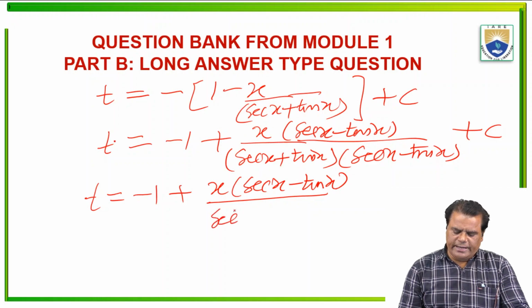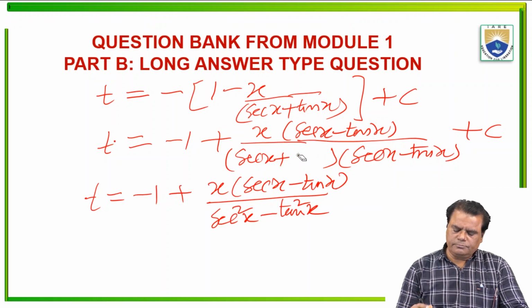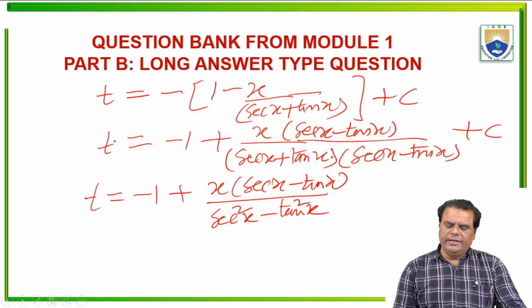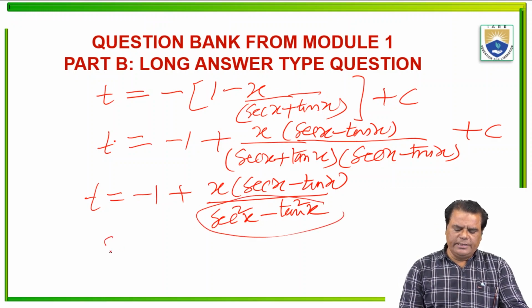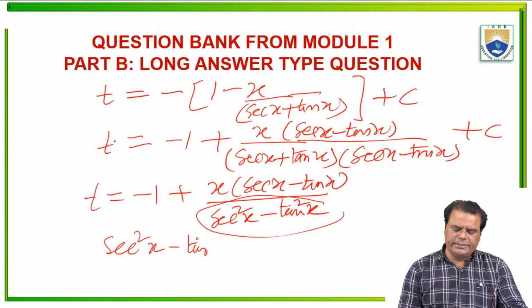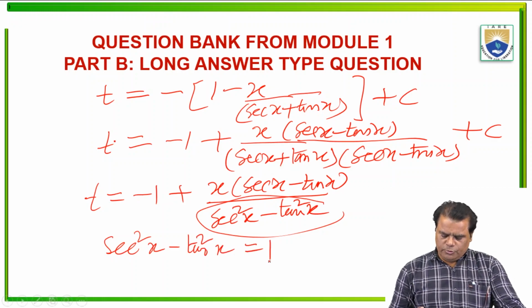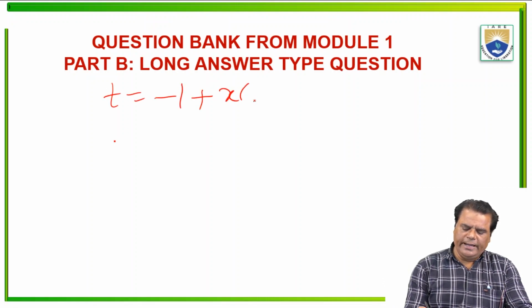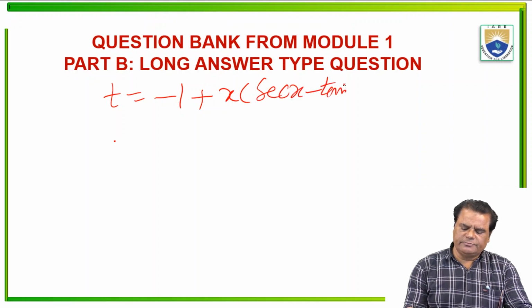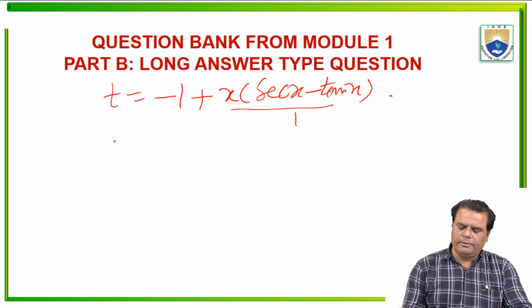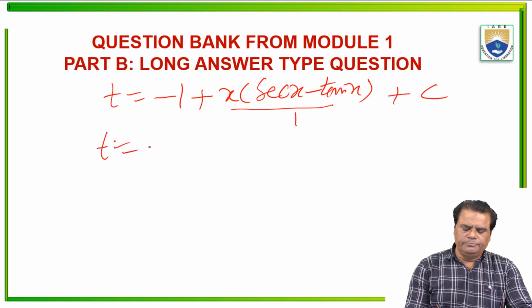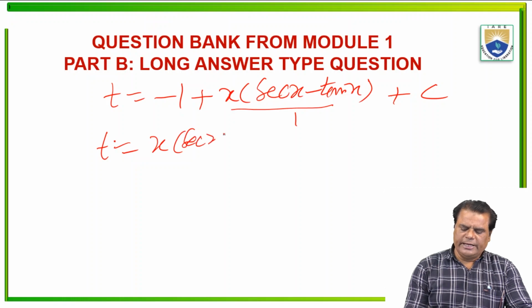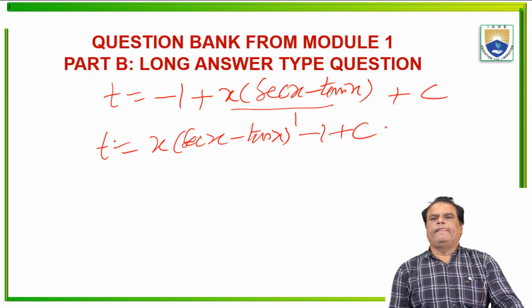So that is sec² x minus tan² x. This formula is sec² x minus tan² x, and this is 1. So finally the answer is t equals minus 1 plus x (sec x minus tan x) upon 1, plus C. So t equals x into (sec x minus tan x) and minus 1 plus C.